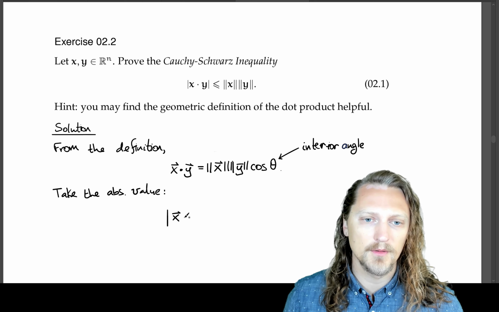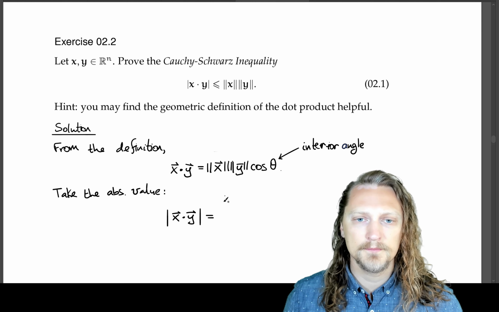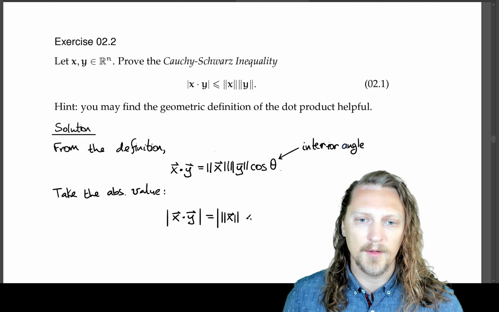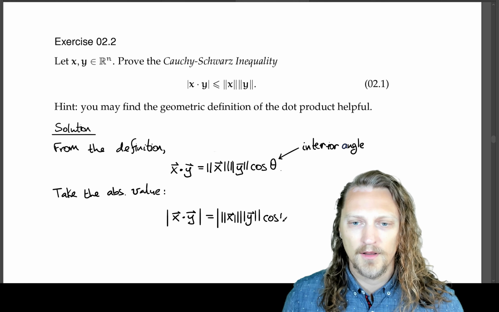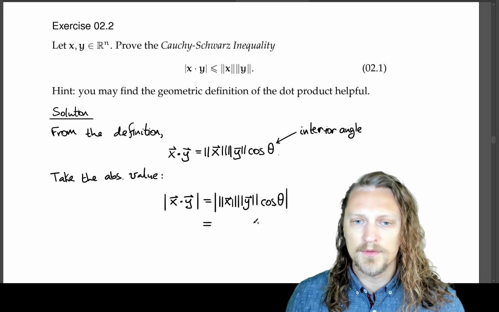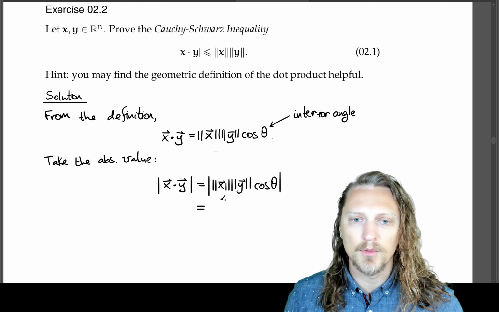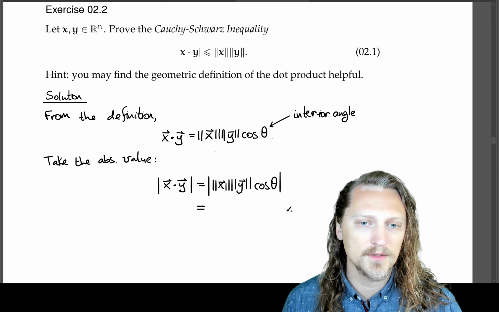So absolute value of x dot y is equal to the absolute value of the norm of x times the norm of y times cosine theta. So we can use the multiplicative property of the absolute value to say that that is just the absolute value of each of these terms in the product.